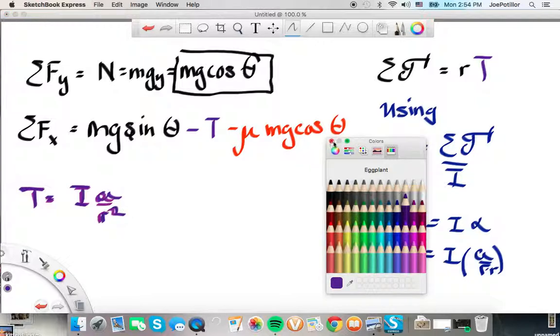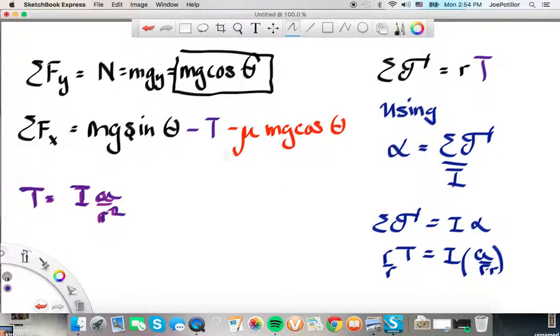Okay, remember that it's moving as a system, so the acceleration is going to be exactly the same for the forces and the torques.